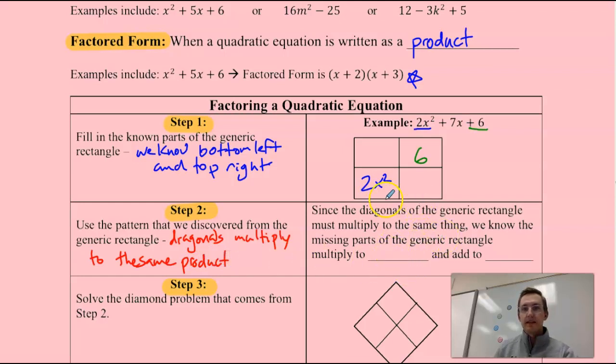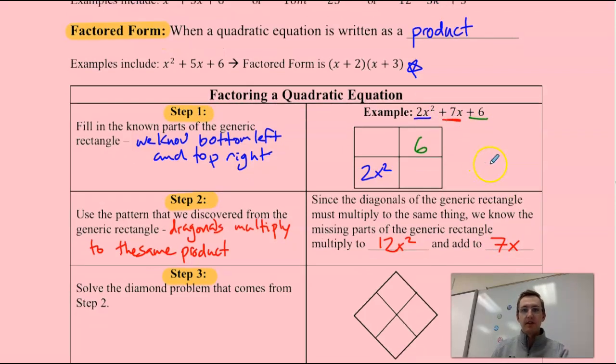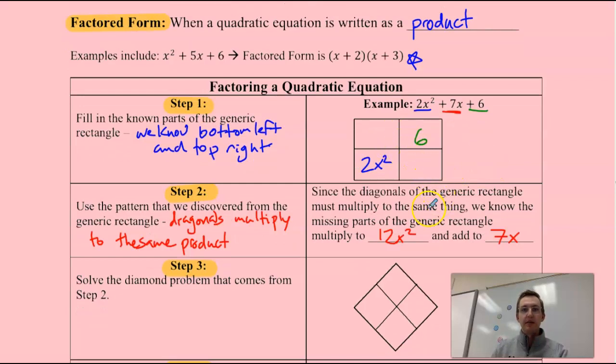So again, since the diagonals of the generic rectangle must multiply to the same thing, we know that the missing parts of the generic rectangle must multiply, in this case, to 12x squared, and then add to 7x, which is the middle term of that quadratic equation. So the middle term tells us what those two missing boxes add up to. Again, they multiply to the same thing as 2x squared times 6, which in this case is 12x squared.